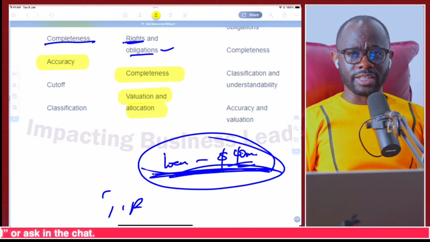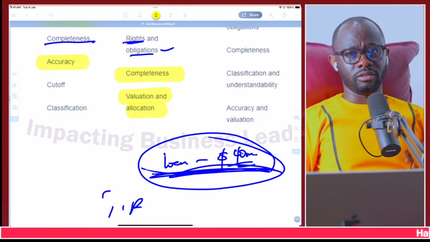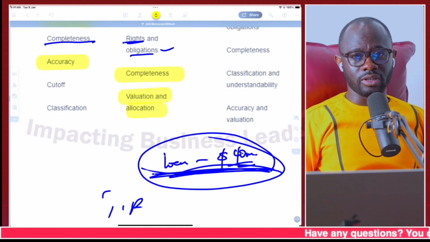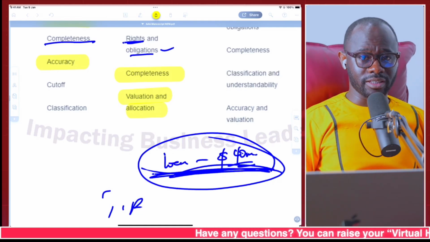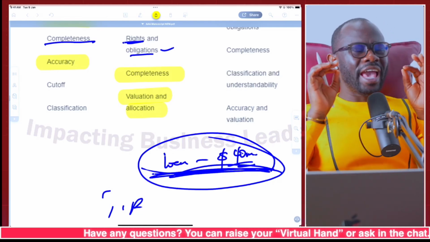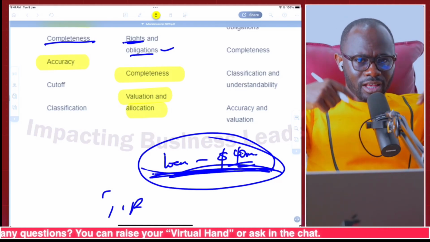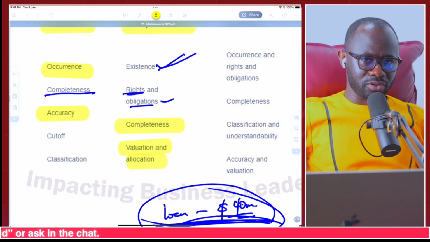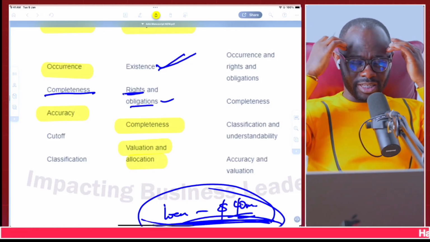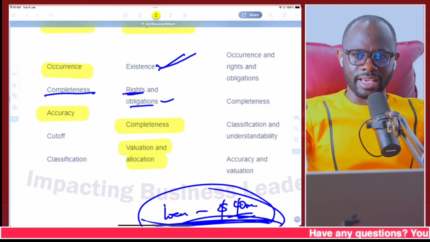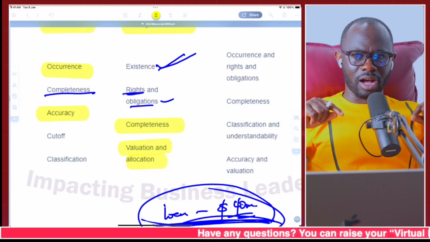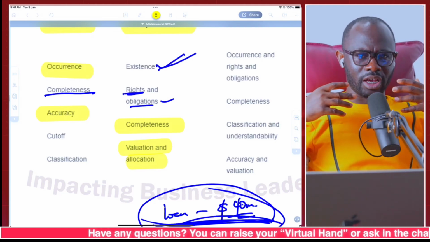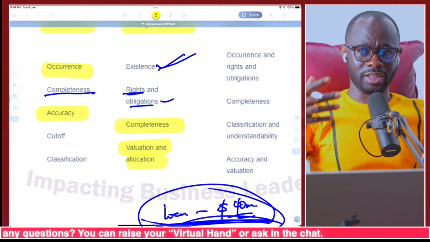Because once you are doing existence, you are observing, you are also estimating the value that has been placed on the item. So anytime we are auditing a subject matter that is in the statement of financial position, at the back of our mind, again, is it there? At the back of our mind, does it belong to the company, or is the company the one owing?